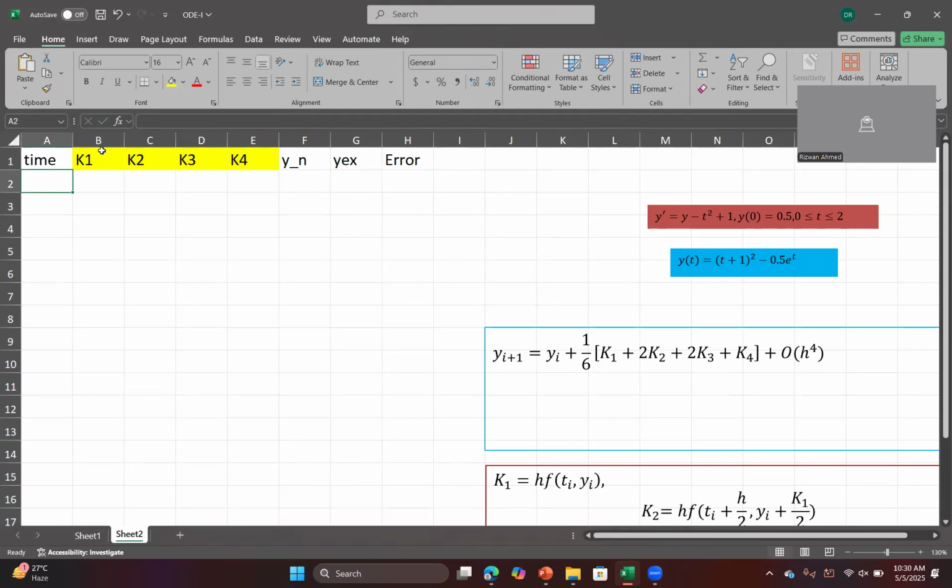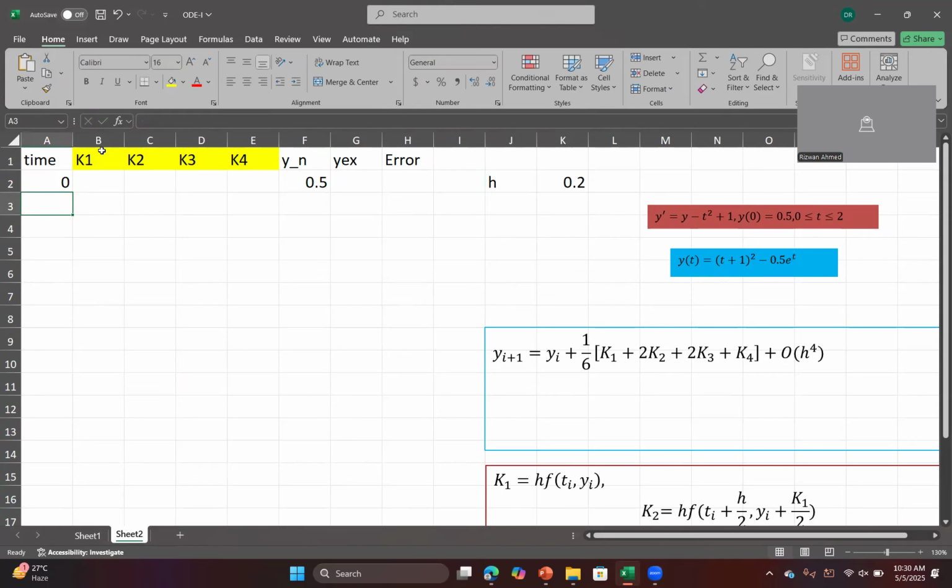So I start with the time t equal to 0. And at this point, I have the initial condition, which is given as 0.5 for the problem. Okay. So let's define a step somewhere here. h equals 0.2.